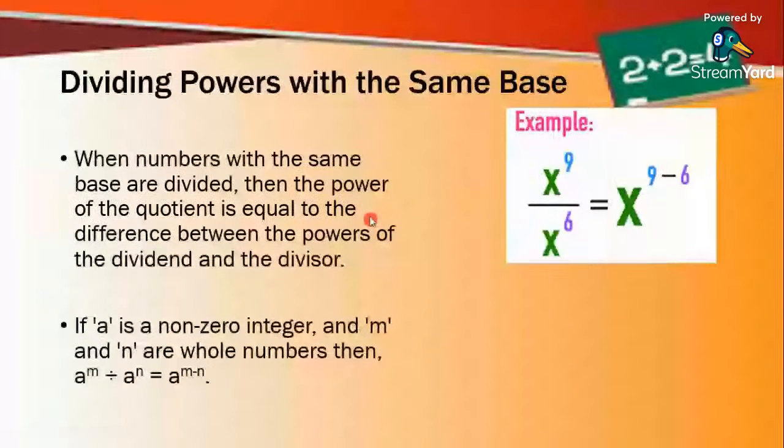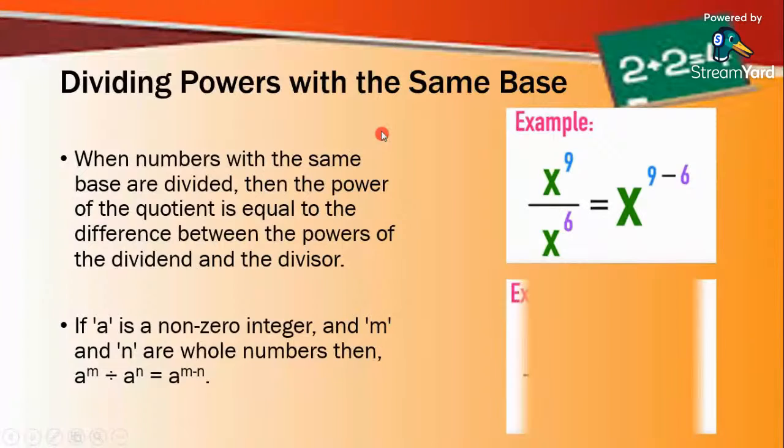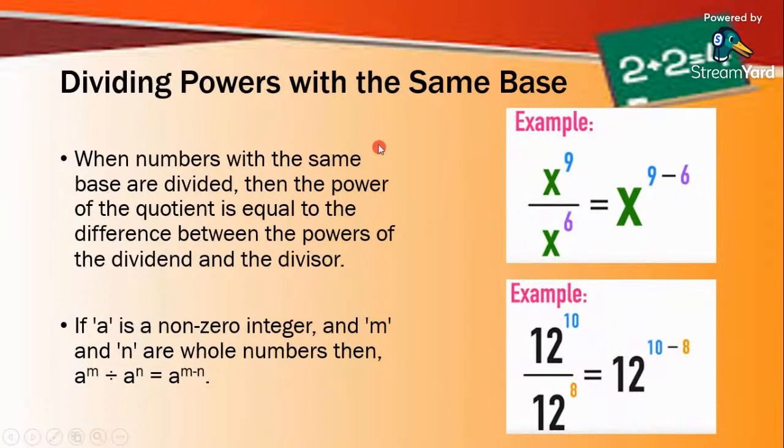Example is x to the power of 9 divided by x to the power of 6 equal to x to the power of 9 minus 6. 12 to the power of 10 and 12 to the power of 8 are divided, and 10 and 8 are subtracted, 10 is subtracted by 8, which is 12 to the power of 2. Now I'm going to explain both of them clearly.